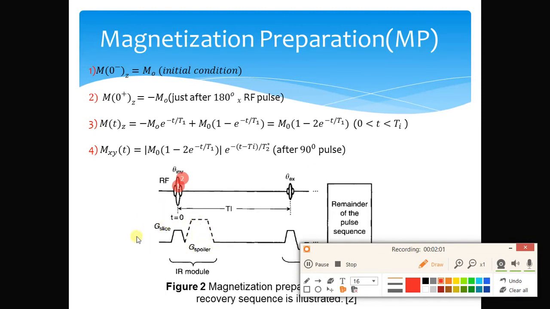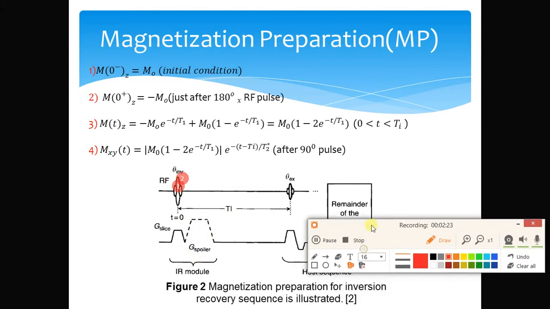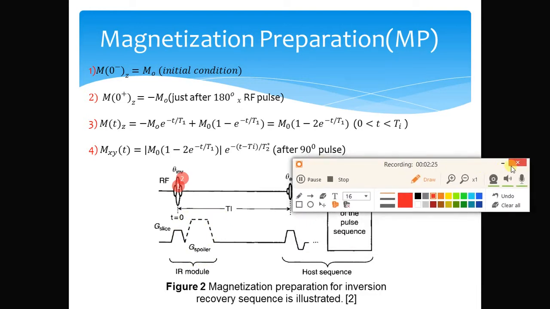In the slice selection part, we can see there is a spoiler here. Because this RF pulse is not perfect, there will be some magnetization in the XY plane. We can decrease this effect using this spoiler.